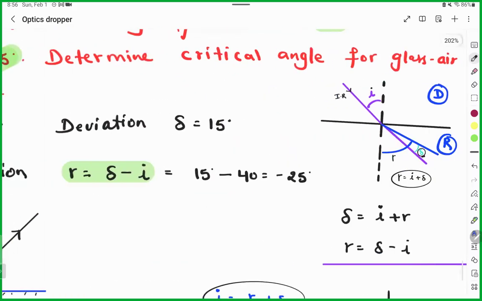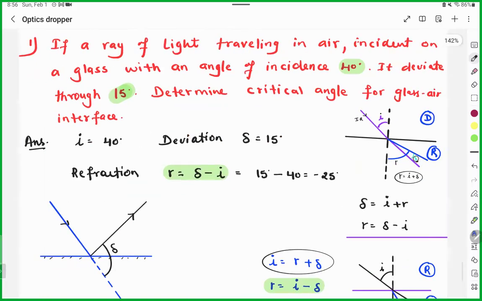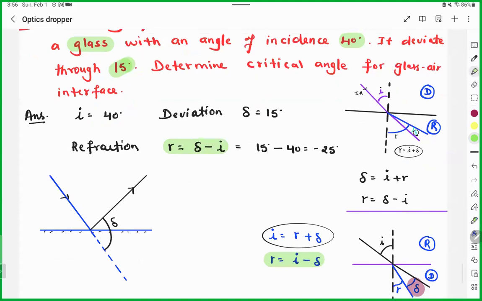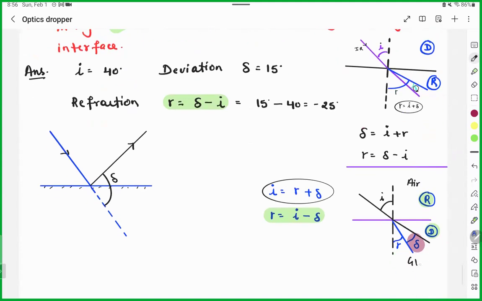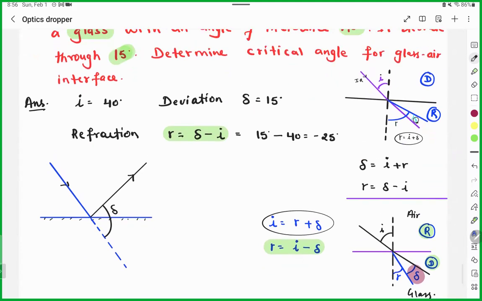So now what is happening in this question? Light is moving from air and is incident on the glass. So air is rarer medium and glass is denser medium. Correct? In this situation, what will happen?